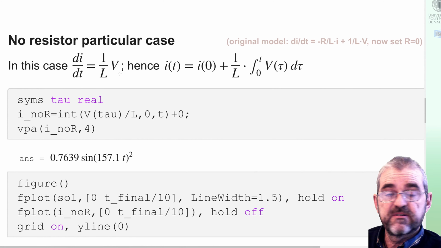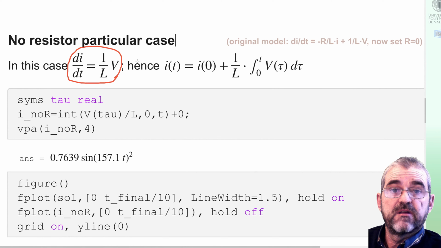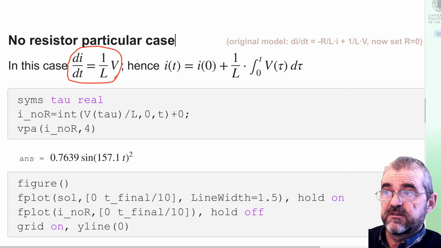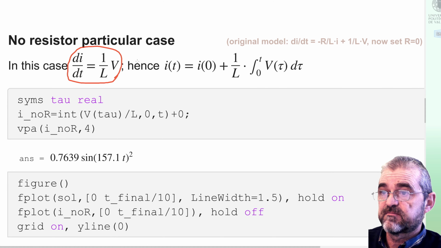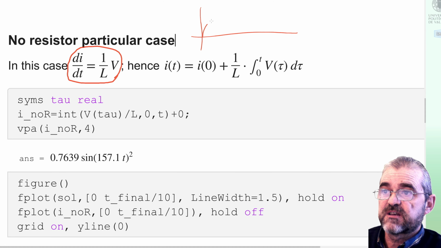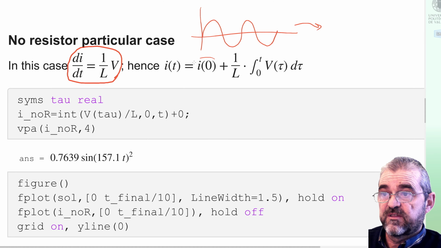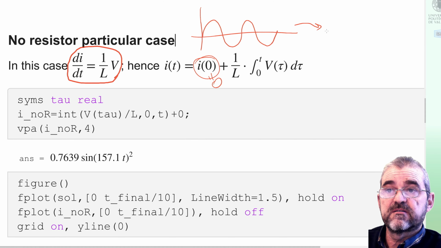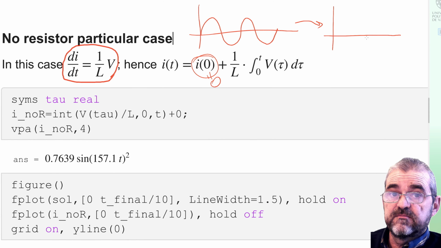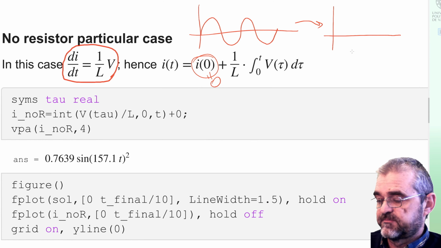If the voltage drop at the resistor is negligible, then the derivative of the current is just the input voltage. So if the input voltage is this sinusoid, then if I start with 0 initial current, the integral of the voltage will be the current, well, divided by L.